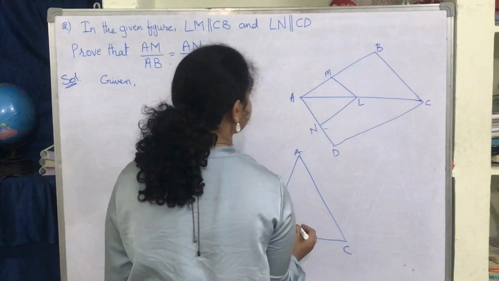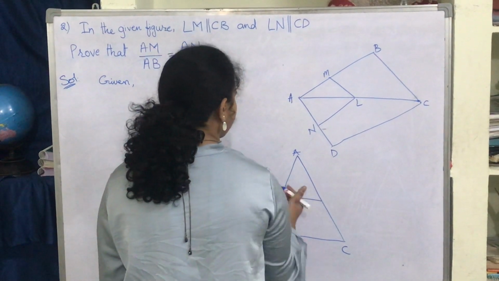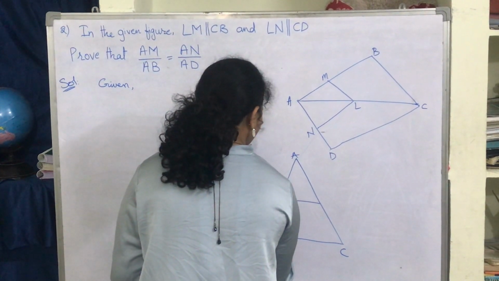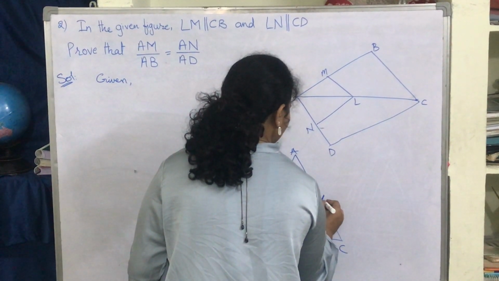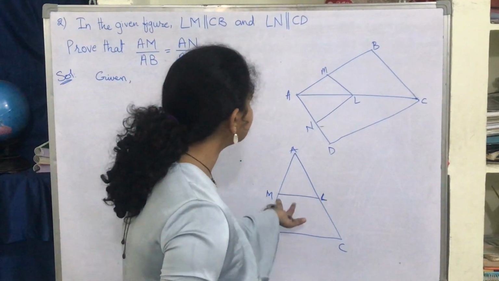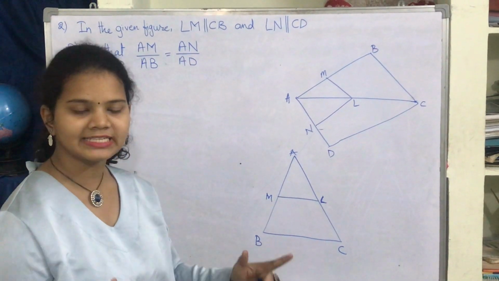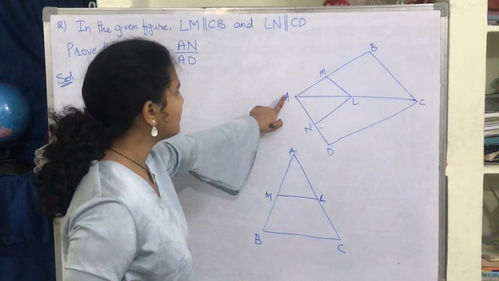Triangle ABC, where a parallel line is drawn through it. We know that when a parallel line is drawn to one side of the triangle to intersect the other two sides at distinct points, then the other two sides are divided in the same ratio, as we know. And here you have the second triangle.